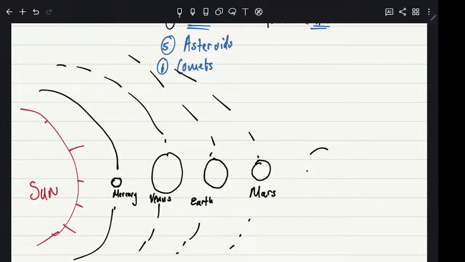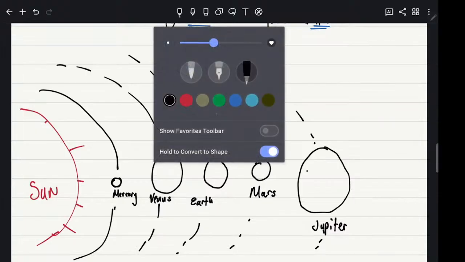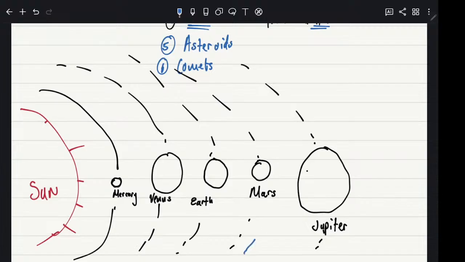Between Mars and Jupiter, this is where you are going to find things called asteroids.